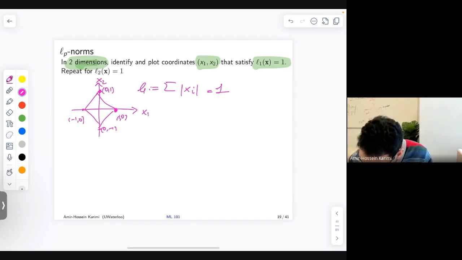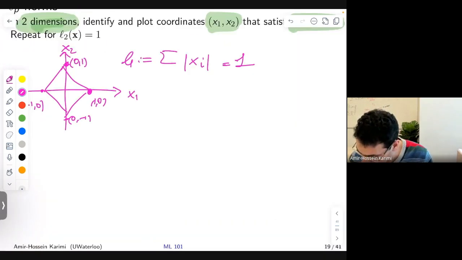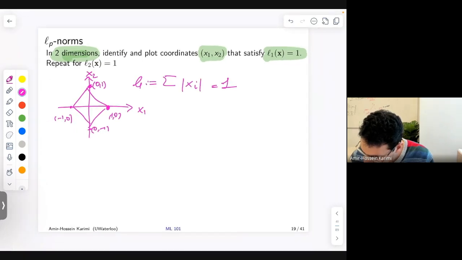So all the points on this diamond are all points that have L1 equal to 1. I see confused faces. Ask questions. Or maybe not. Okay.